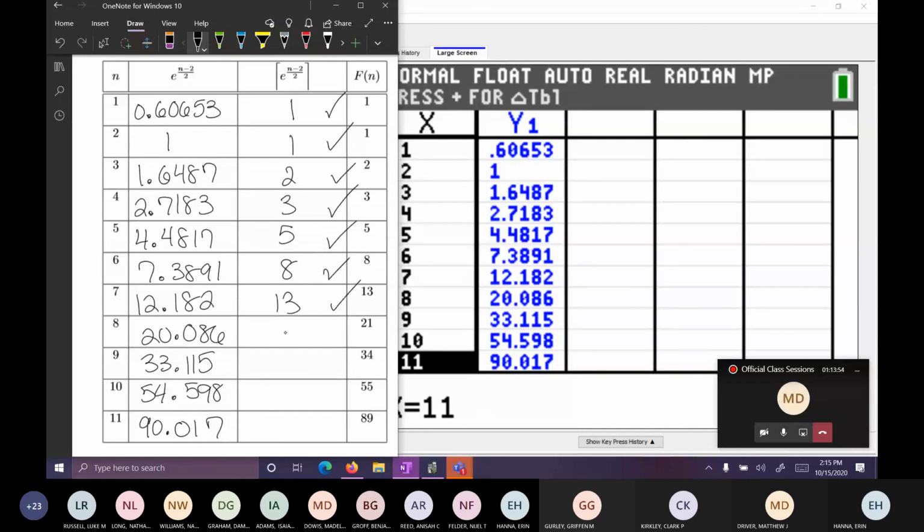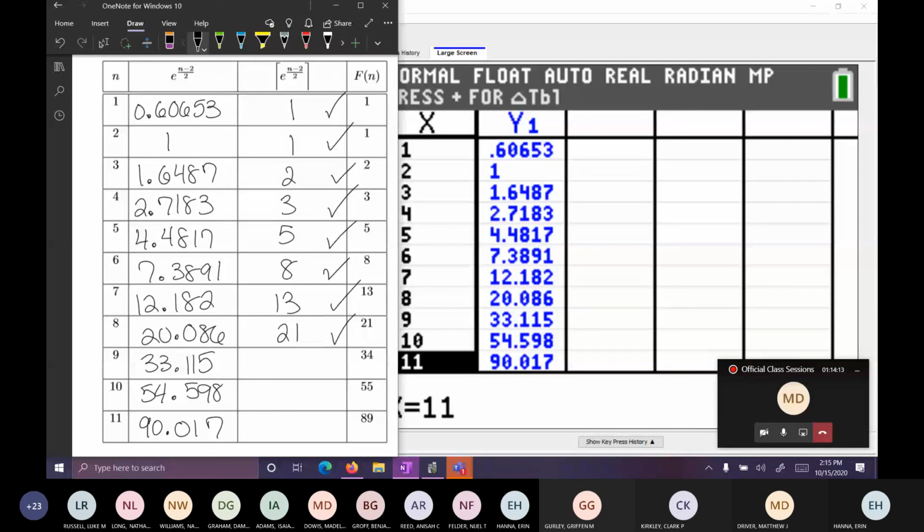Least integer greater than 20.086. So that 0.086 is really saving us, because that bumps us up to 21, matches the Fibonacci sequence. If you were doing this by hand or by yourself and no one was forcing you to go up to 11, you'd probably stop at this point and assume it's going to work.